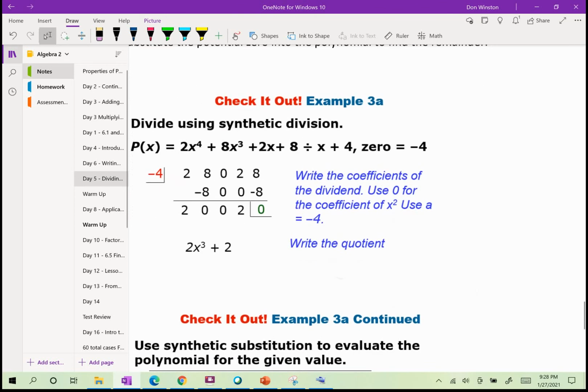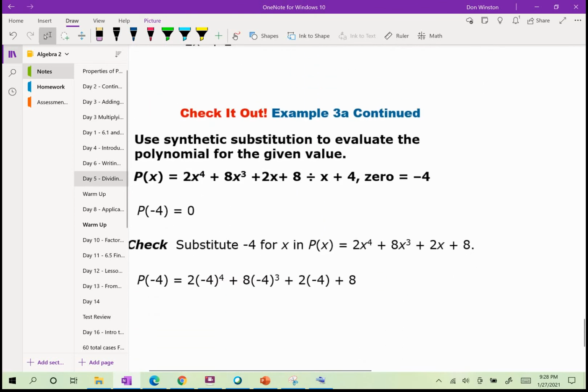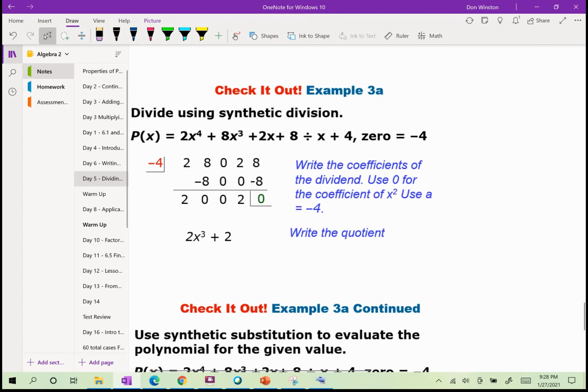Let's take a look at the last example. Here we're going to do synthetic division first, and then we'll do synthetic substitution. I'm taking 2x to the 4th plus 8x cubed plus 2x plus 8, and I'm dividing by x plus 4. So my potential 0 is negative 4. I'll put a box around it.